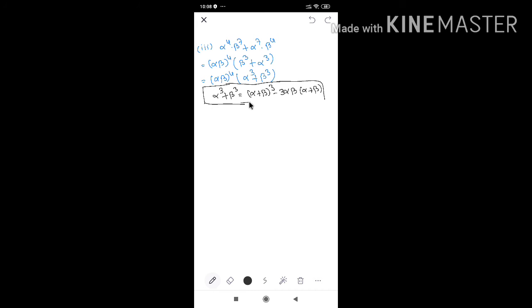So here I am writing alpha beta whole power 4 into alpha plus beta whole cube minus 3 alpha beta into alpha plus beta.